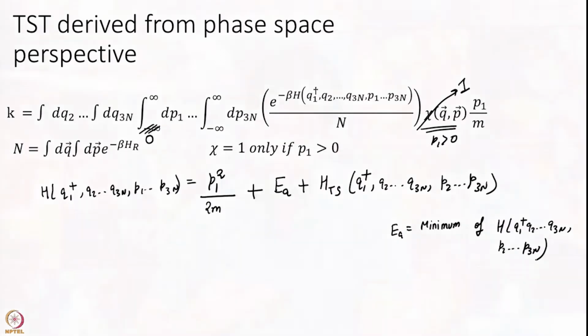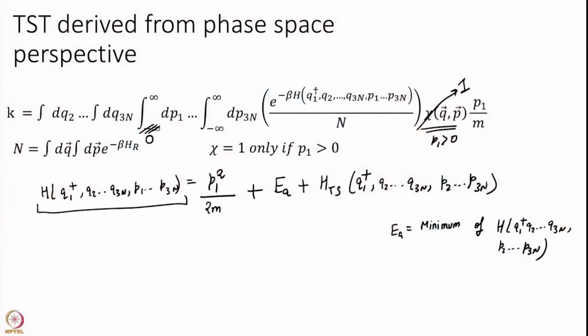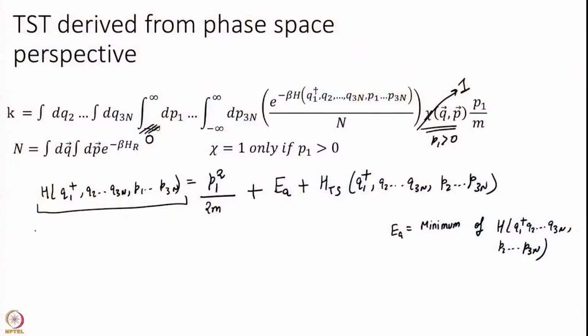because transition state structure is the minimum structure along all directions perpendicular to the reaction coordinate. So, if I look at this H, where Q1 is fixed at a transition state geometry and I am varying all other geometries, then transition state is the minimum, not maximum. This is a very common confusion.